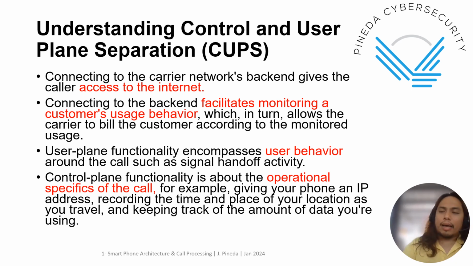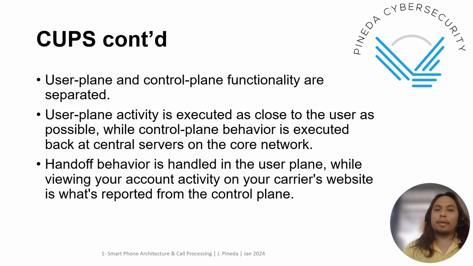So, more of the back end stuff, the admin stuff, will be done by the control plane functionality, recording the time and place of your location as you travel and keeping track of the amount of data you're using. Okay? So, the user plane and control plane functions are separated in design. Okay, and the location also.